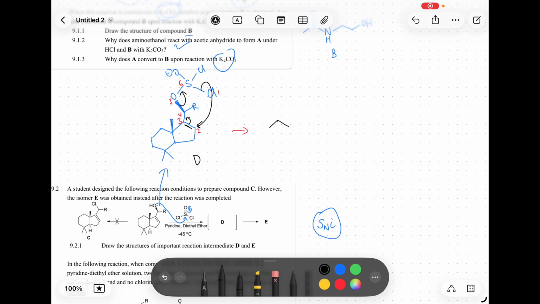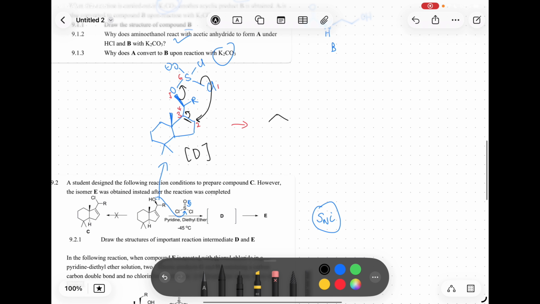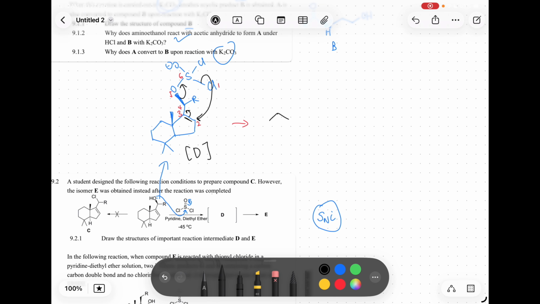So this is your intermediate D, and then you will have your stable 6-membered ring transition state.